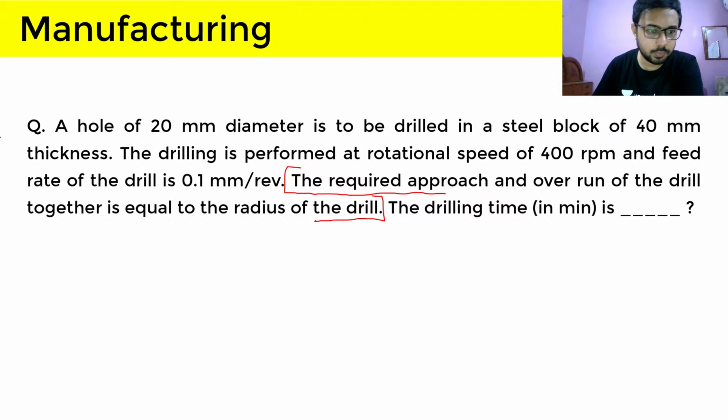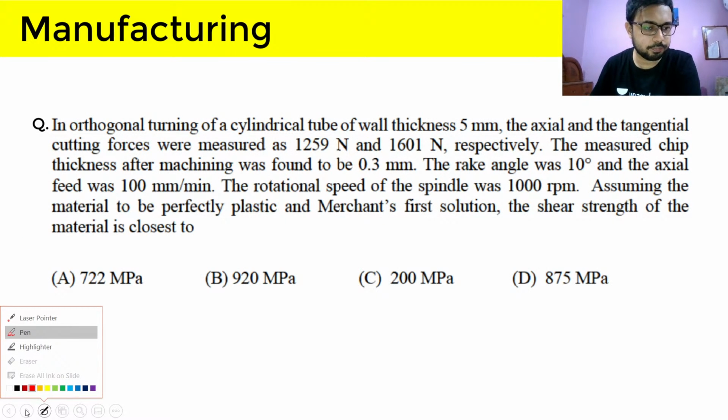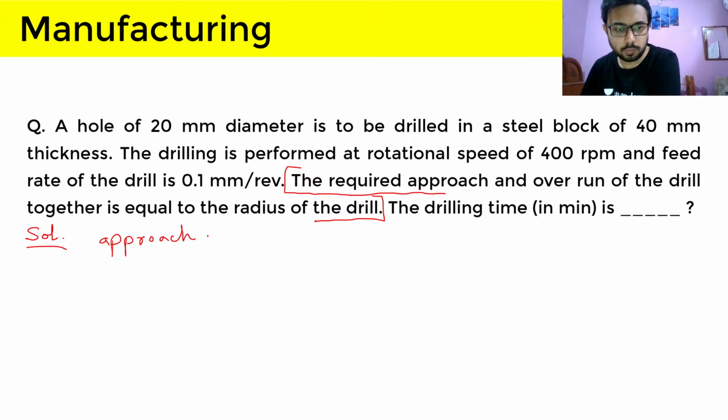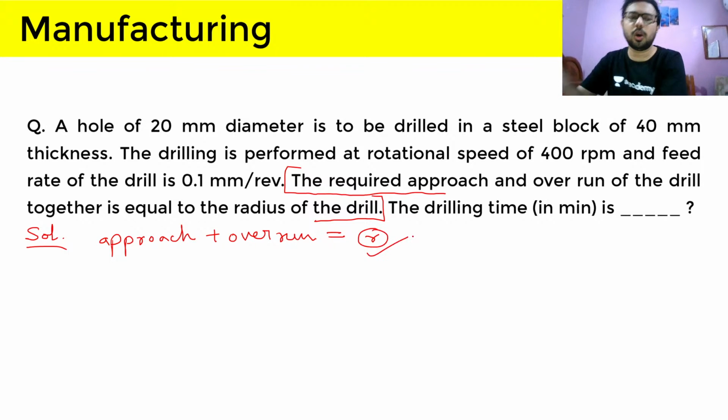So approach plus overrun is equal to the radius of the drill.